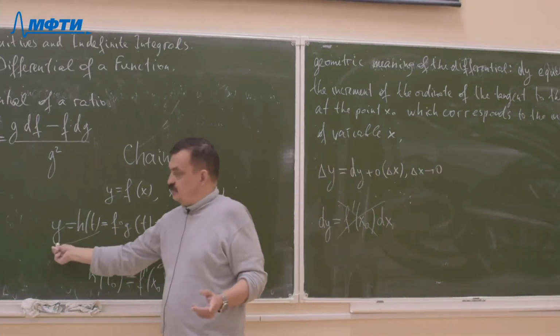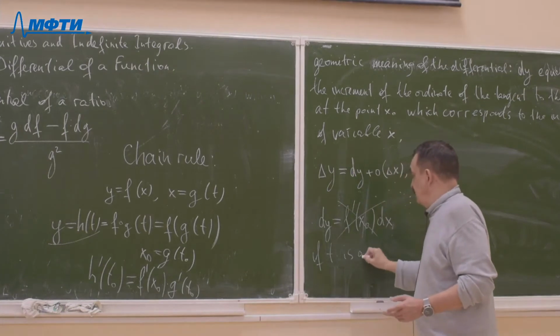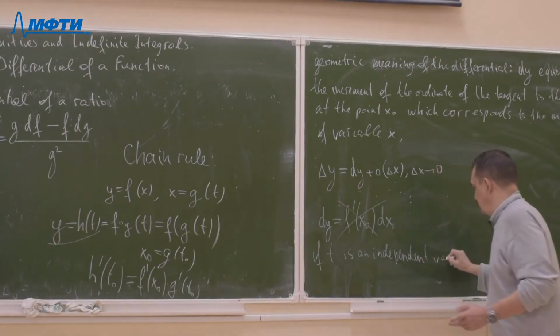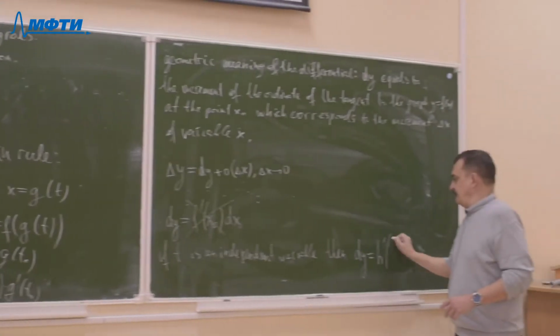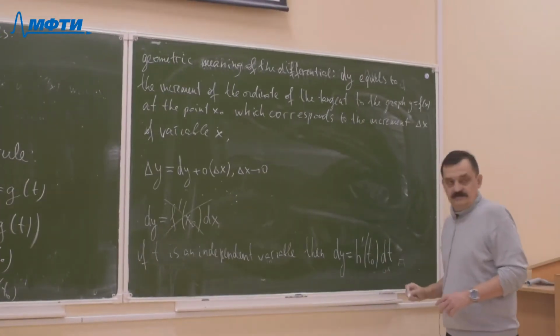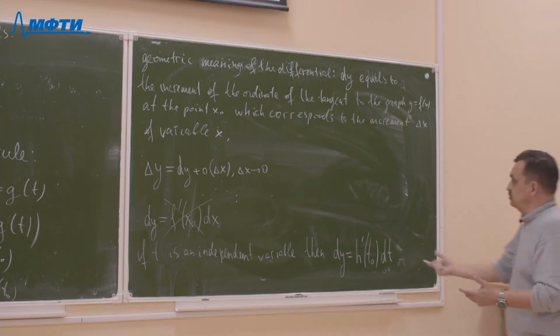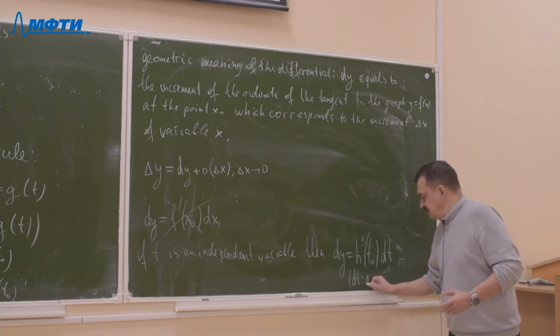What can we say about dy? We know y is h of t, and if t is an independent variable, then dy equals h prime at t naught times dt, where dt is equal to delta t. So in this case it is possible to introduce the notation dt equals delta t.